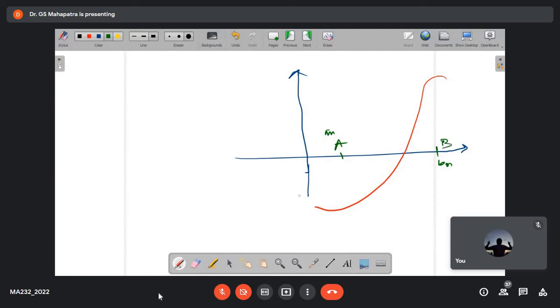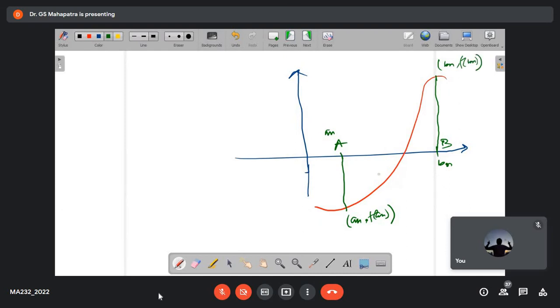Fine. So now this point is An comma f of An, and this one is Bn comma f of Bn.